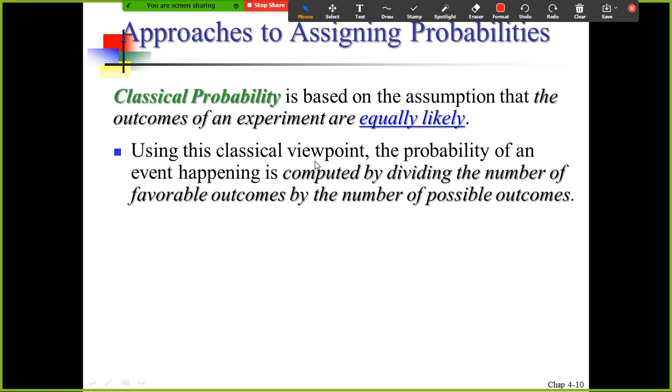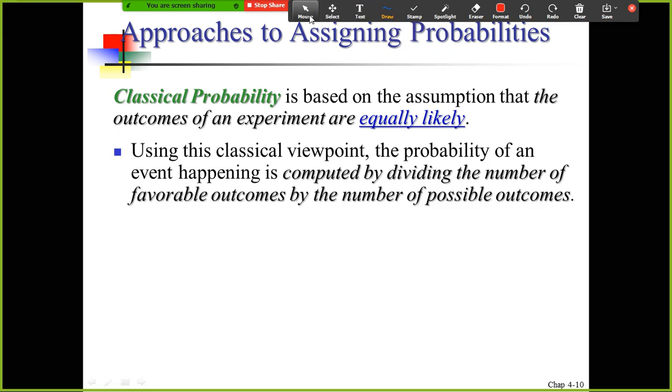By using this classical point of view, the probability of an event happening is computed by dividing the number of favorable outcomes, the outcomes that we want to see, by the number of possible outcomes.